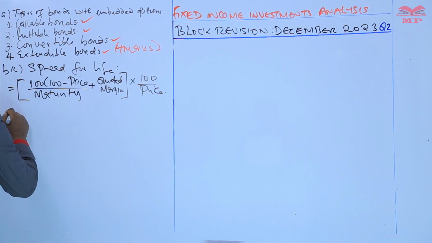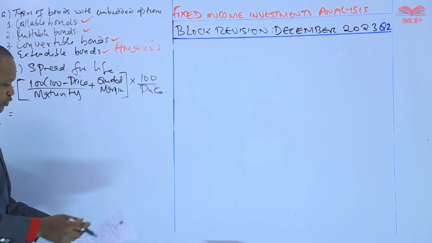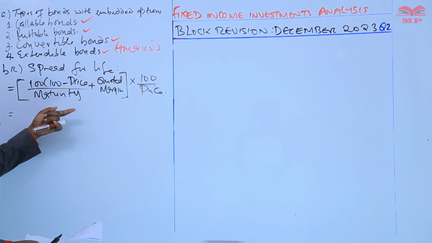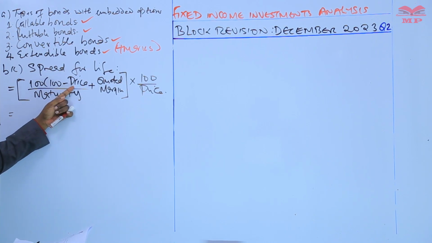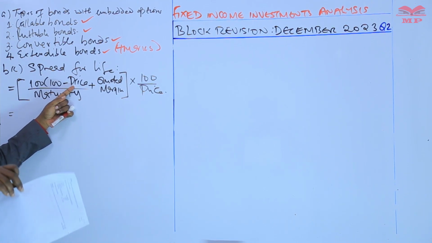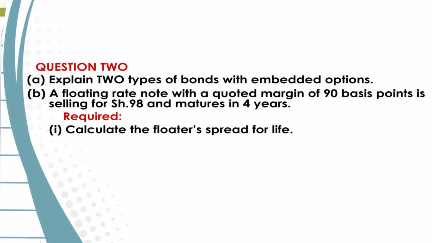Then step number 2, we go to the question and find out if we have these inputs. The first one here is price. Now price is the market price per 100 shillings of par value.